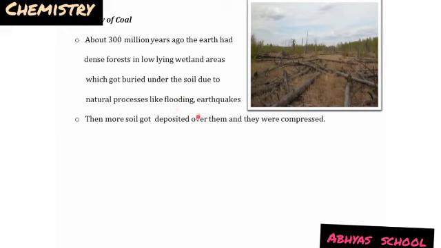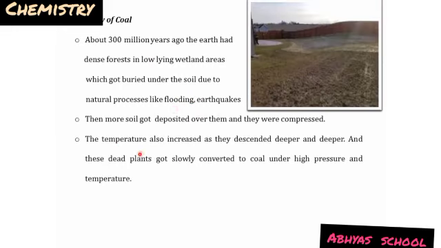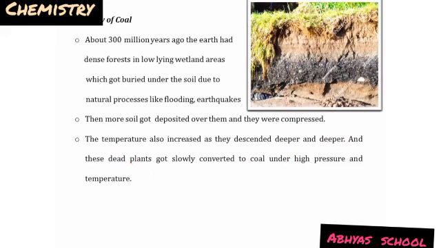Then more and more soil got deposited over them and they were compressed. Then the temperature also increased as they descended deeper and deeper. That is, as these forests got buried, they got compressed and sank deeper and deeper. The temperature also increased, and due to high temperature and pressure, these dead plants slowly got converted to coal.